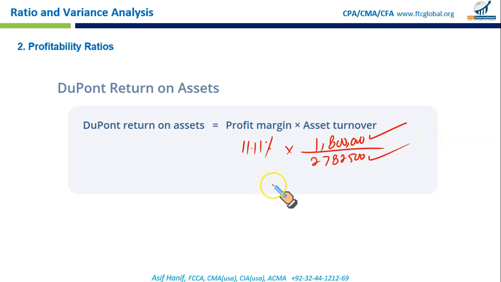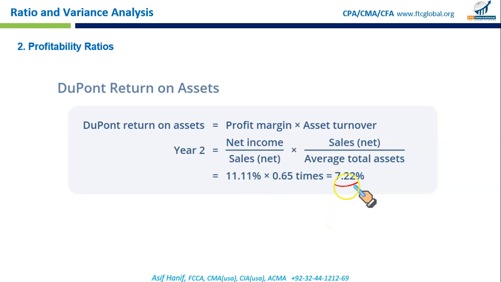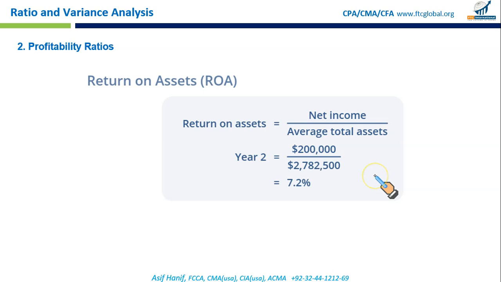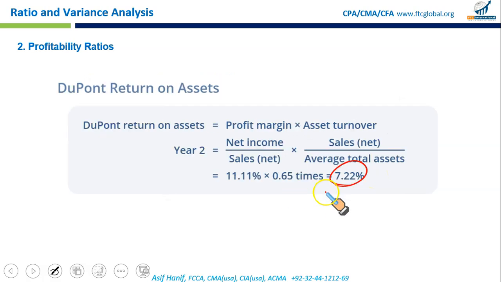If you simplify, 11% times 0.646. So return on assets is 7.22%, which is the same as what we calculated previously, but now we have its decomposed form, and then we can analyze the result in more detail.